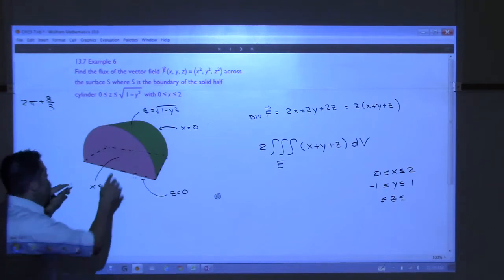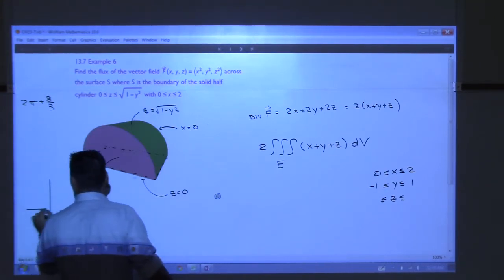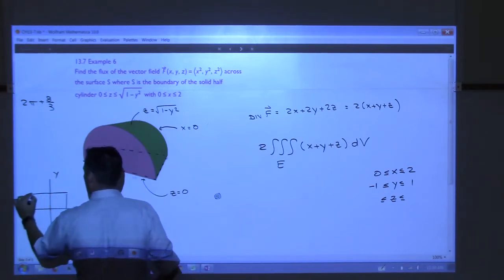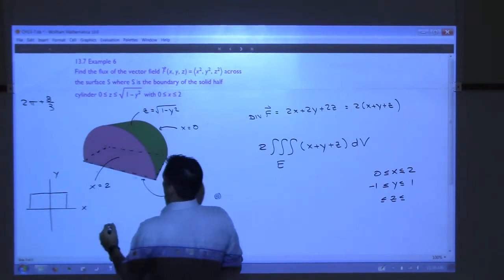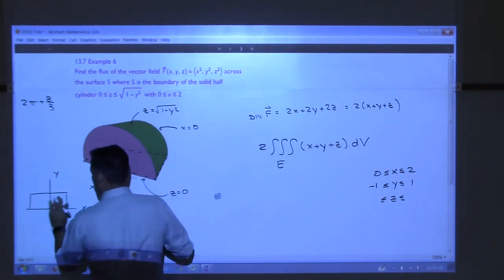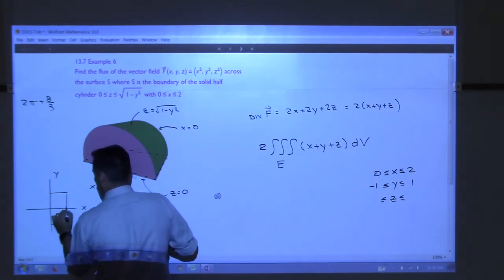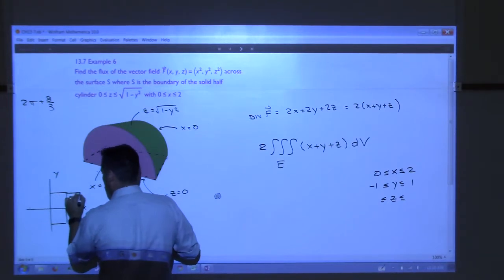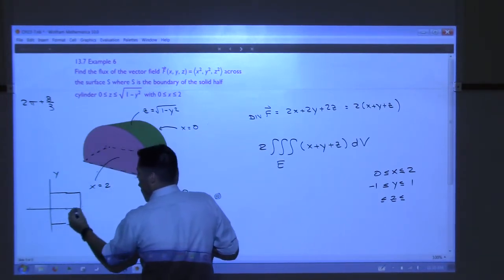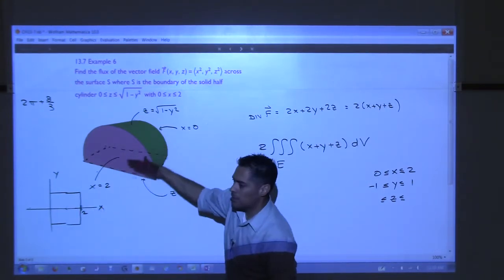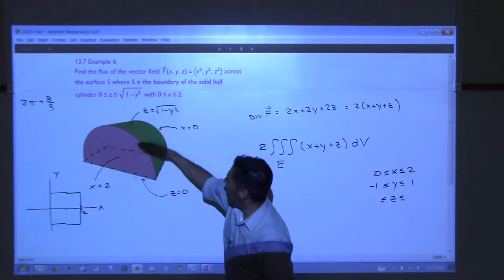If you draw that shadow, here's x, here's y, it looks like this. I drew it out of scale here. This is 2, the x comes out 2, and goes back to 0.